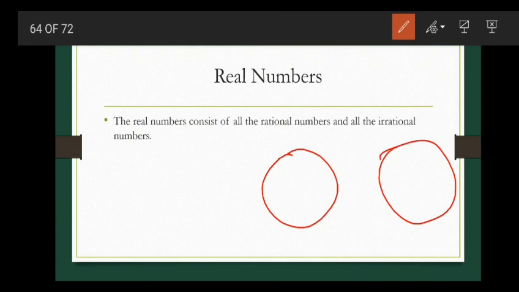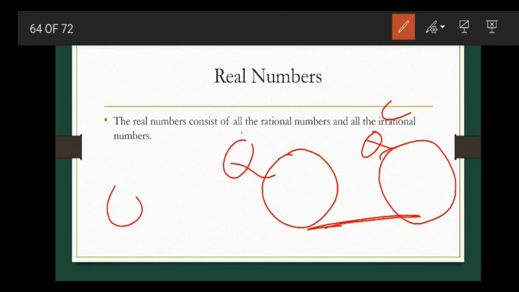If you take rational numbers as one set and irrational numbers as the other set, irrational numbers cannot be written in the form p by q, and rational numbers are the numbers which can be written in the form p by q. So these two are disjoint sets. The union of these two sets will give us real numbers.